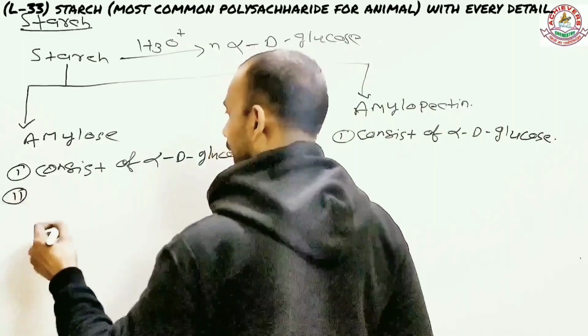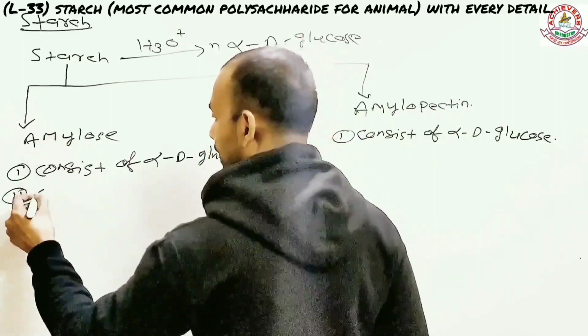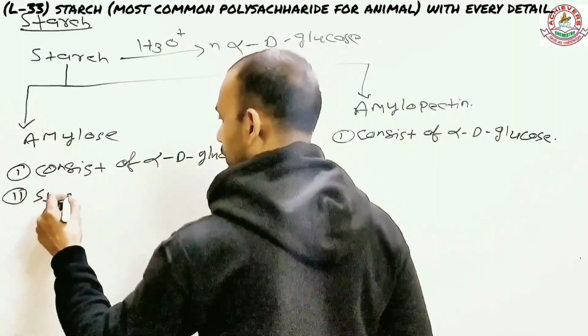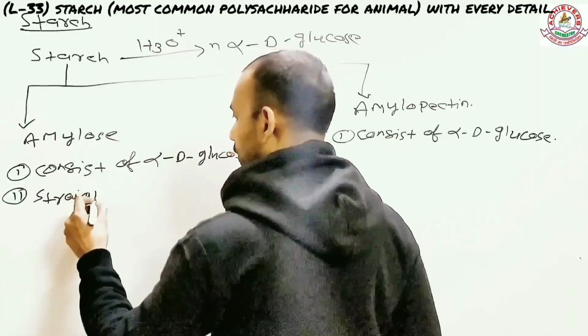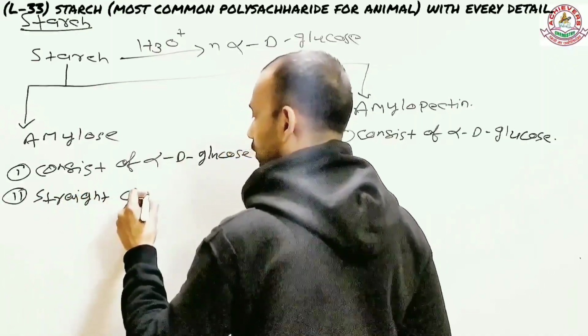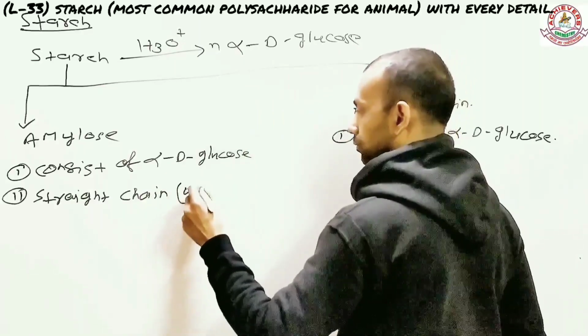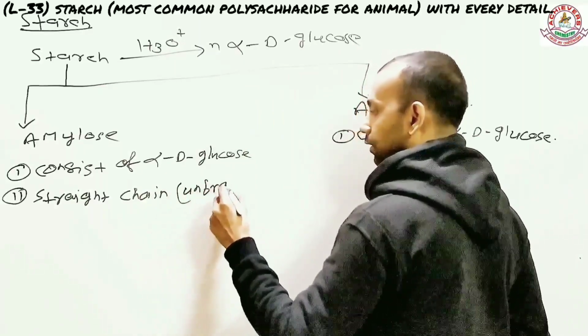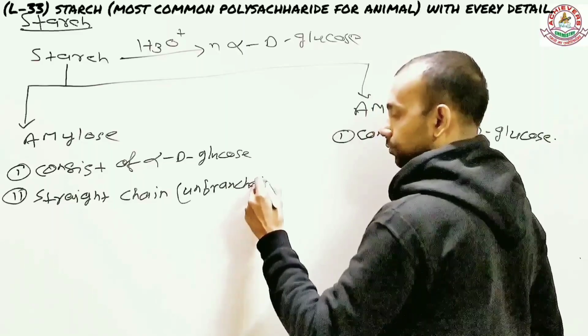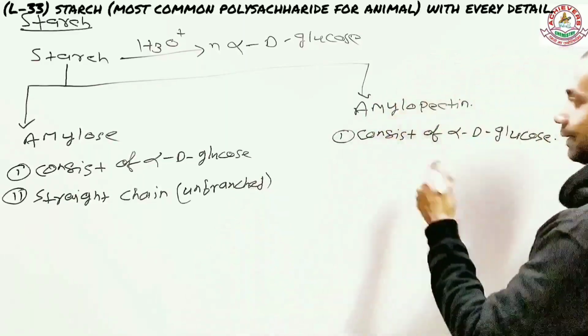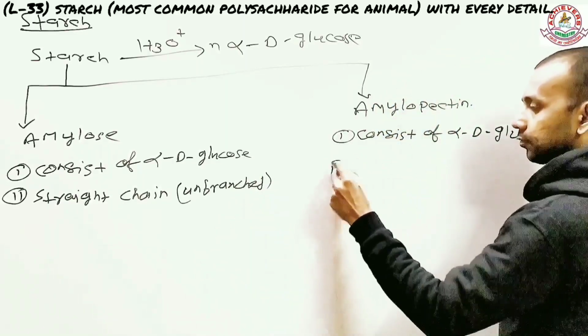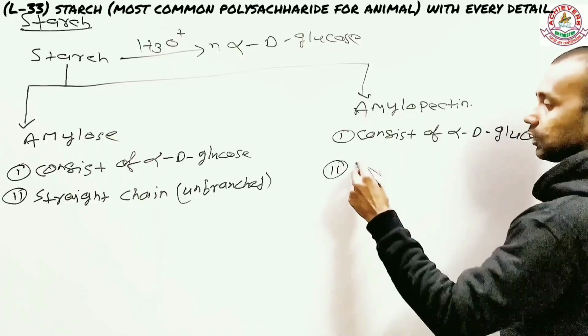The second point is that amylose is a straight chain molecule. What does that mean? It's unbranched. However, amylopectin is branched.